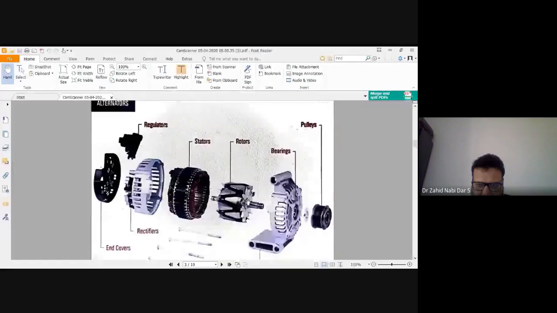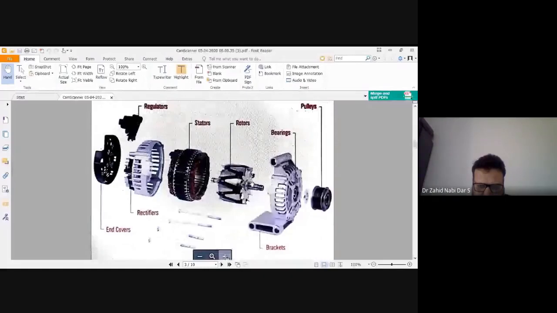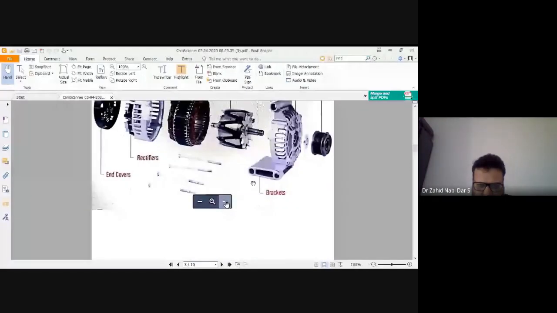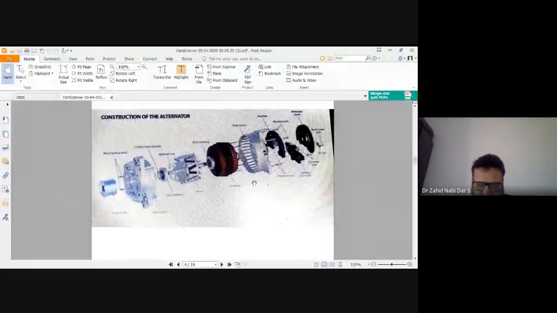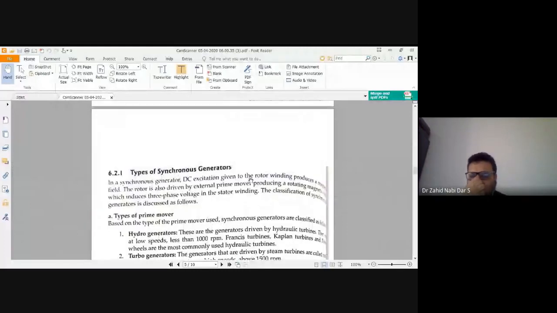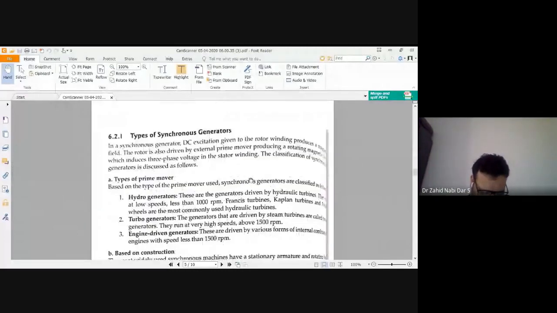One important aspect now is the types of synchronous generators. So what are the types? Synchronous generator types are mainly classified based upon the speed with which they operate. A high speed synchronous generator is called a turbo alternator.